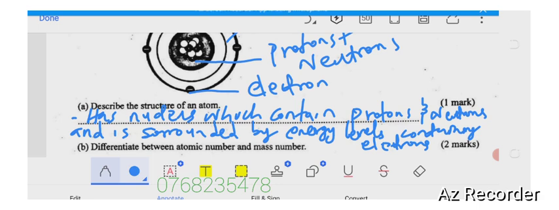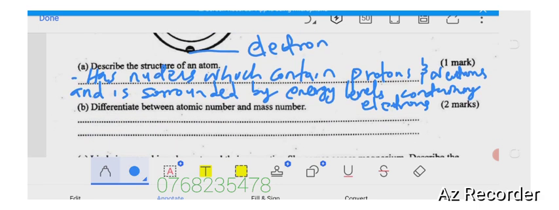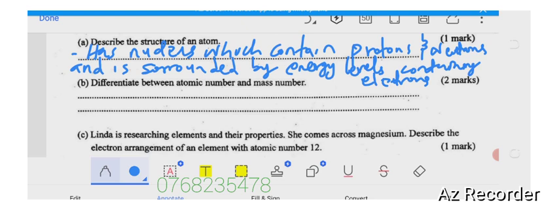This is a general question. Differentiate between atomic number and mass number.